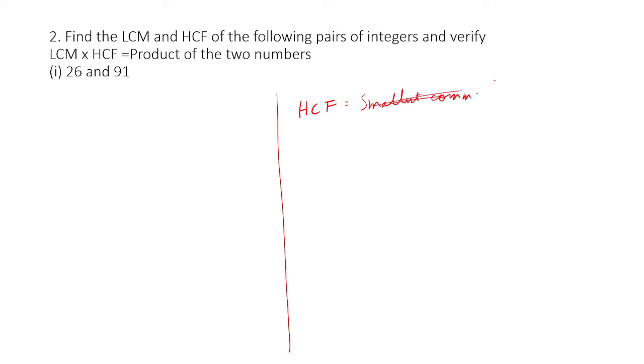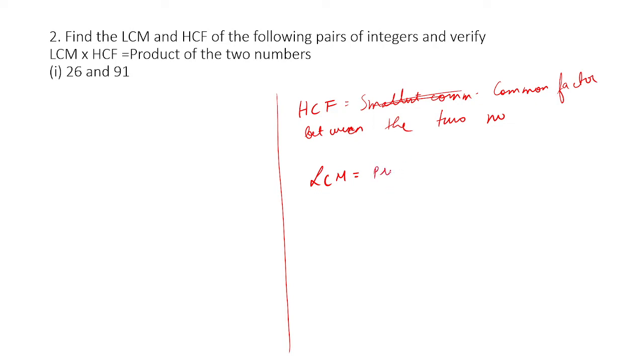Or you can just say this is the common factor between the two numbers, okay? Between the two numbers. You'll always have to compare between two numbers, right? And when you talk about least common multiple, so this is highest common factor, which is a common factor between both the two numbers, all right?